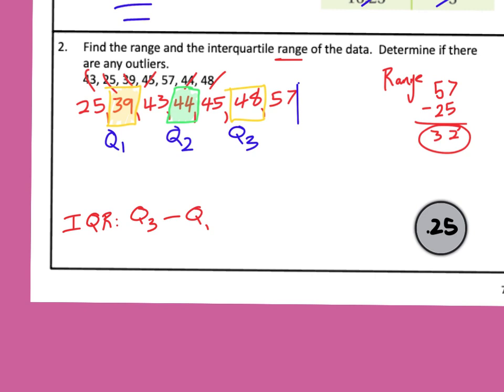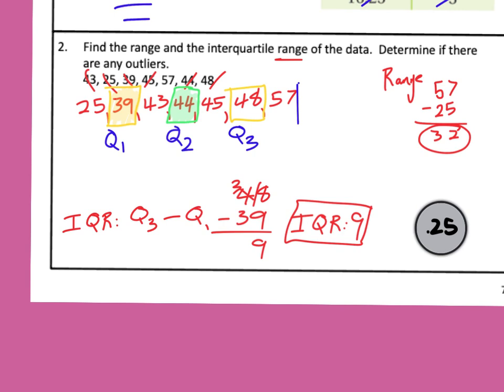So we have Q3 right here. So we're going to go 48 minus Q1. We're going to borrow 8, 9, that's 9, and that would be it, because that would have been a 3 now. So 9, our IQR, our interquartile range, is 9.